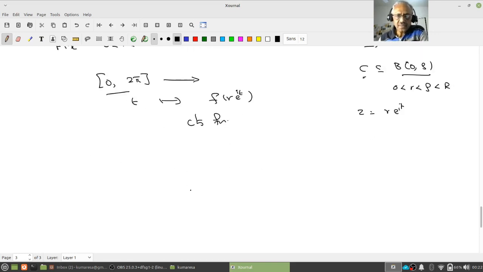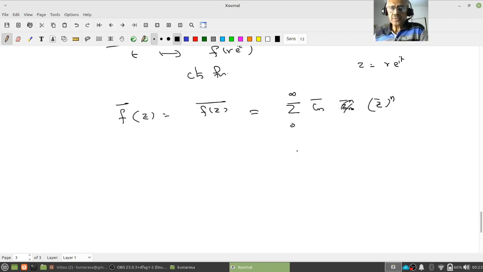Are you following? And for a similar reason, look at f bar, that is the complex conjugate. f bar of z is, look at f of z and take its bar. This is nothing other than the sum of Cn bar times z bar power n. By uniform convergence, you know that, because what is Sn of z?